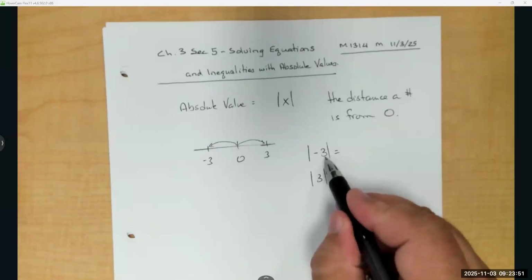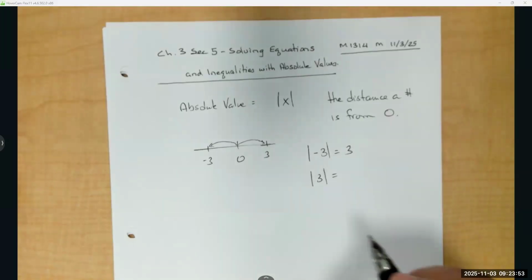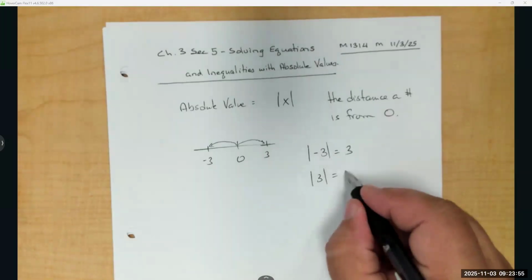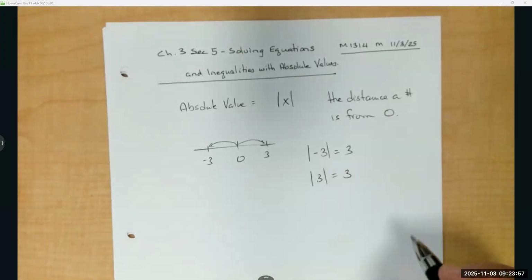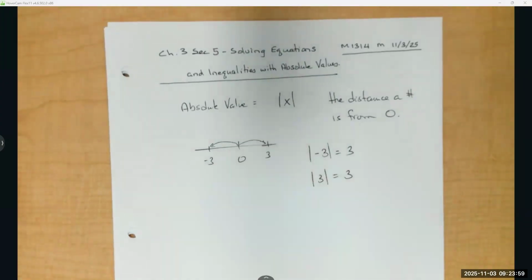The absolute value of negative 3 is 3. The absolute value of positive 3 is 3, because they're both 3 units away from zero.